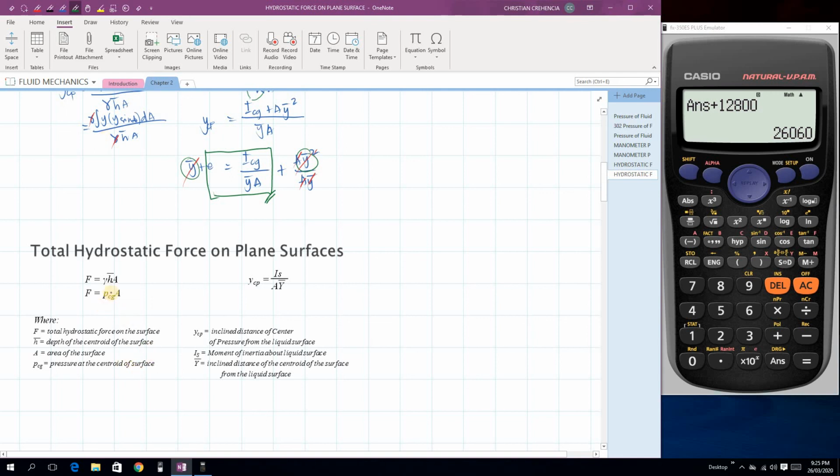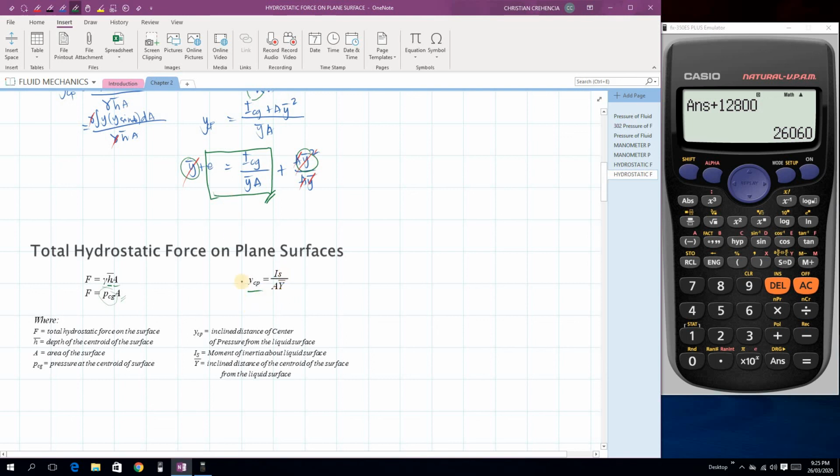So again, force F is equal to unit weight times h bar, the depth of the centroid of the area, times the area, or the pressure at the center of gravity or center of area times the area. So that is the force. Y_CP is again Y from the liquid surface to the center of pressure, which is the moment of inertia about the surface of the liquid over area y bar.